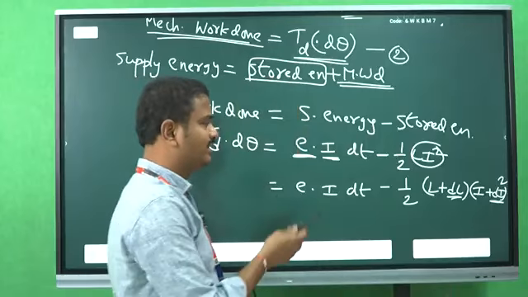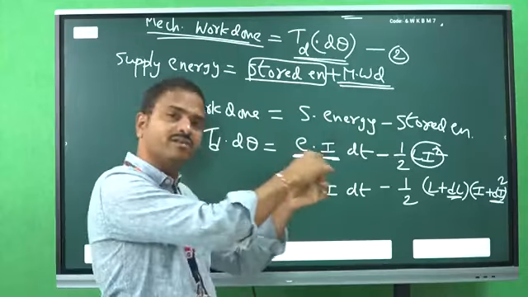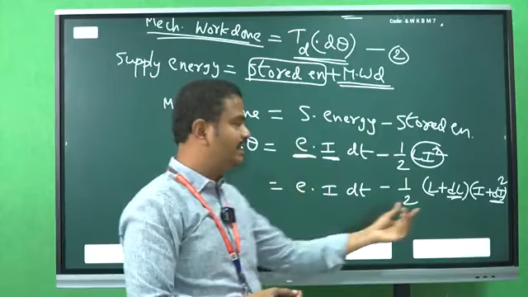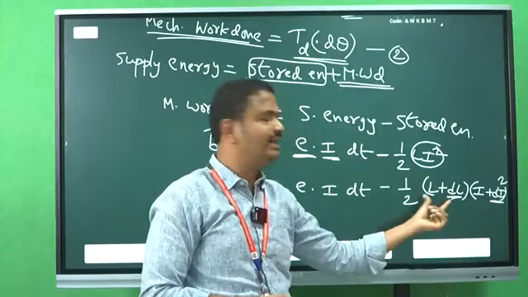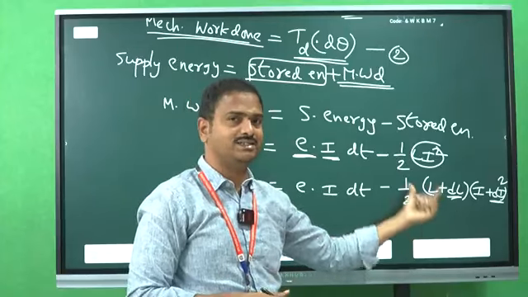Whenever the ammeter is connected in the circuit, the current changes from 0 to the final value, 4 amperes, right? Due to this current change, the inductance also changes inside the instrument, so we have to consider the change in stored energy.